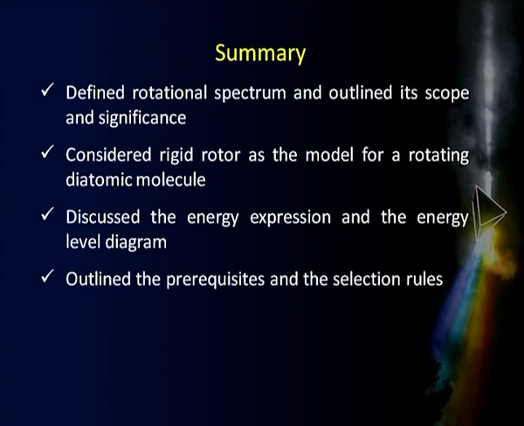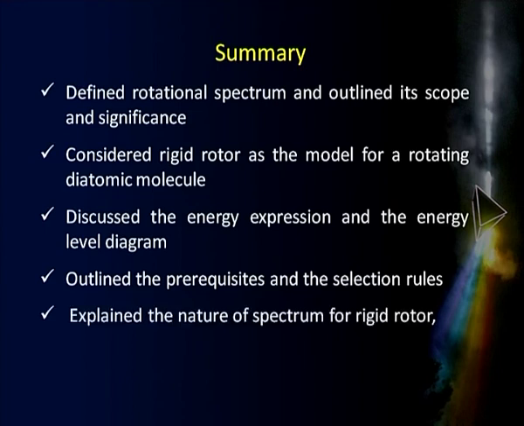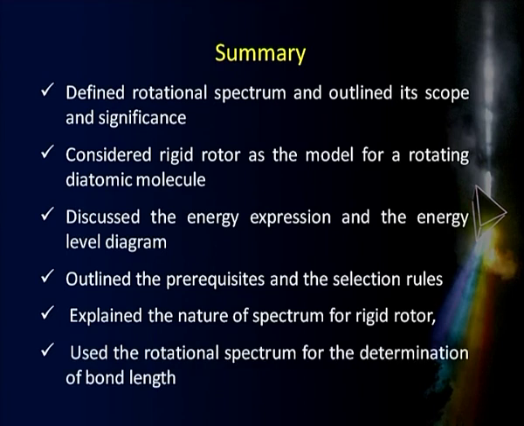Thereafter, we outlined the prerequisites and the selection rules for a rotational spectrum to be observed. And thereafter, we explained the nature of spectra which are obtained for rigid rotor, that is we get a series of lines which are equally spaced. And towards the end, we took an example to show how the rotational spectrum can be used to find out the bond length of a simple diatomic molecule.